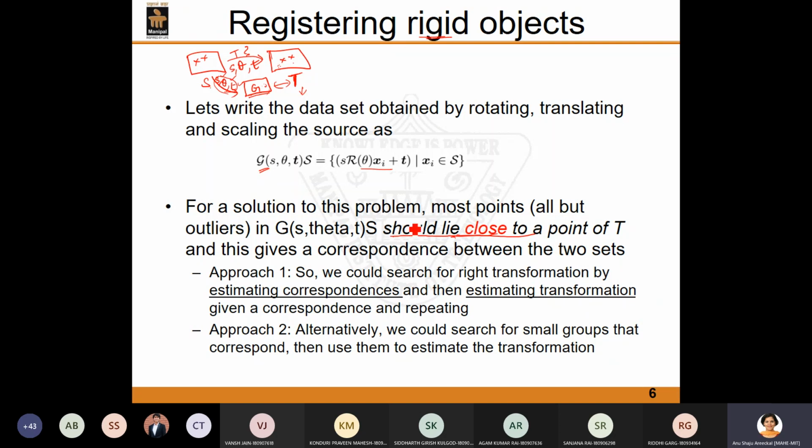If I take a line segment, that would be a group of points. If I take, along with the line segment, a pair of points, then that combination together can be used to find this transformation. This is what you call the frame bearing groups, which we will see later.